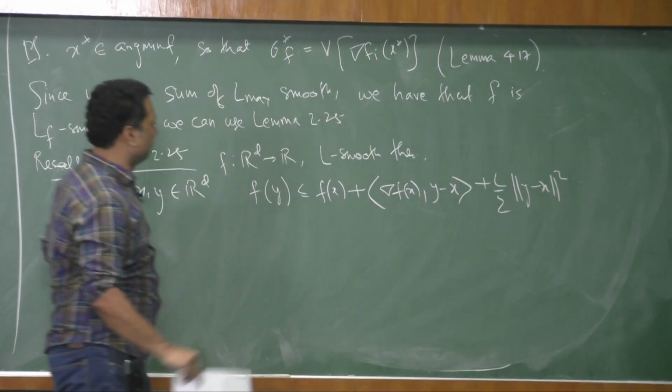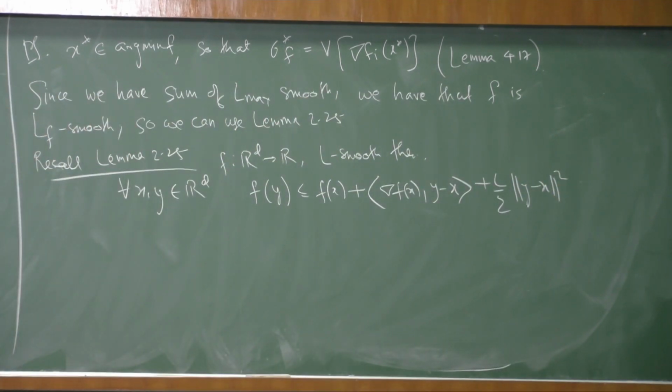So this is the smoothness condition that we know. So we want to use this with the fact that F is sum LF smooth.